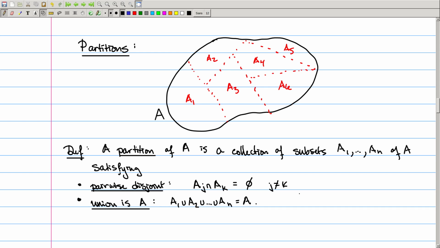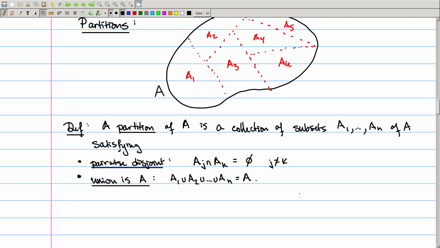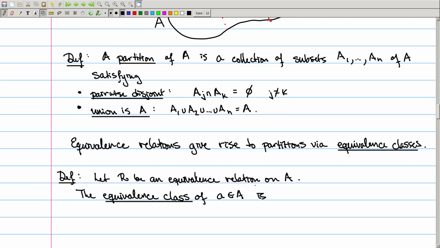Now, equivalence relations give rise to partitions via objects called equivalence classes. So to define this, let's let R be an equivalence relation on A, and let's let little a be an element of A. Then we can define the equivalence class of that element little a, and it's denoted using square braces, or sometimes denoted using just a with an overbar, depending on the notation of what you're reading.